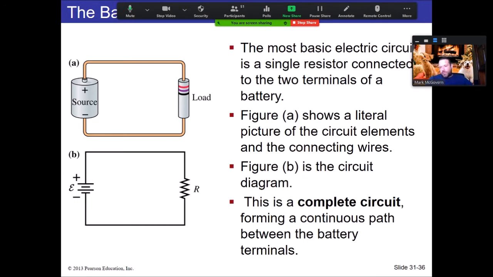When your batteries wear out, they have a particular potential difference that they're supposed to perform at. And what happens is over time as they're used, they develop an internal resistance that effectively reduces the potential difference that exists in the battery. So sometimes we will include that, but in this particular case, we're not doing that.